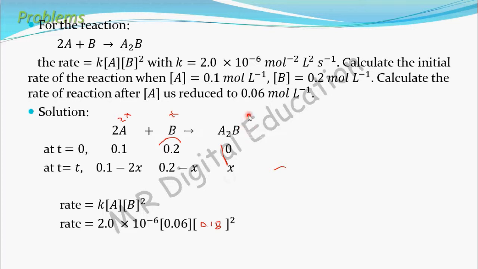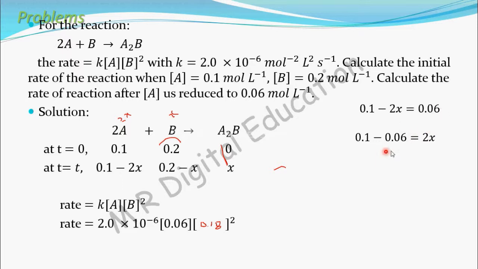He clearly gave the concentration of A as 0.06. So that is 0.1 minus 2x. Equate those two: 0.1 minus 2x equals 0.06. Let's find x from this equation. Take this 0.06 to this side and 2x to this side.